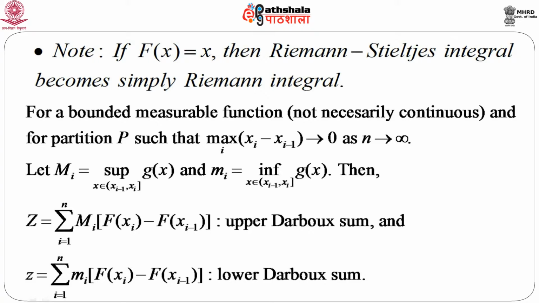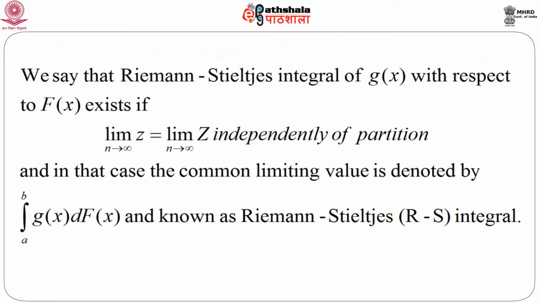Similarly, we can define the lower Darboux sum, and we say the Riemann-Stieltjes integral of g(x) with respect to capital F(x) exists if these two limits are equal, which is independent of any partition that we consider, provided that n goes to infinity and the maximum of the ith subinterval length goes to 0. In this case, the common limiting value is denoted by the previous notation, the integral of g(x) dF(x) over a to b, and is known as the Riemann-Stieltjes integral.